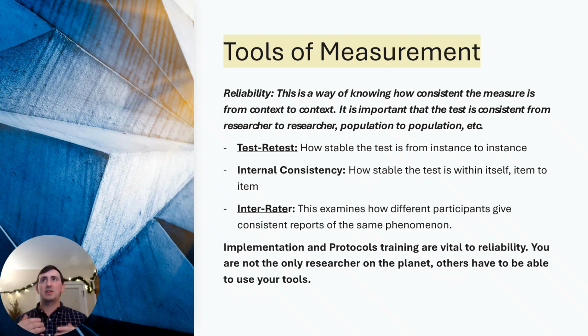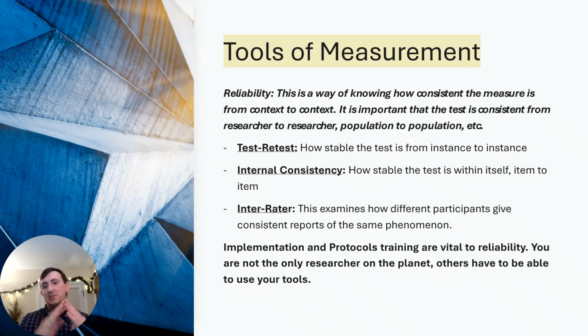Now the next question is, does each of those anxiety questions actually interact with each other well? Does my question 1 about anxiety match up with my question 3 about anxiety consistently, right? Is the test consistent within itself?